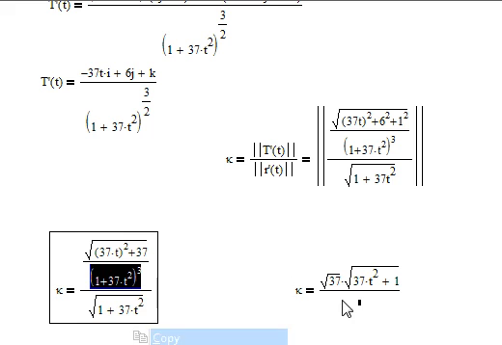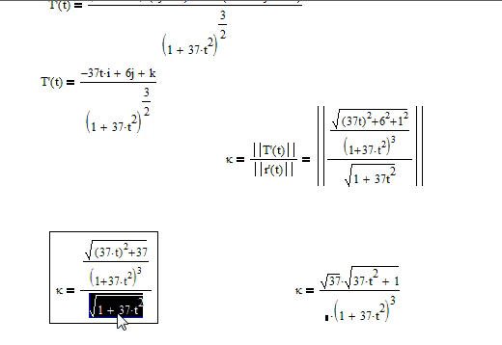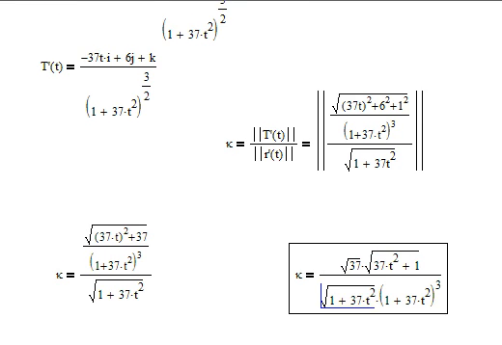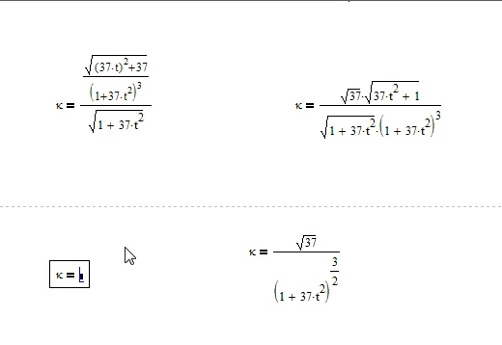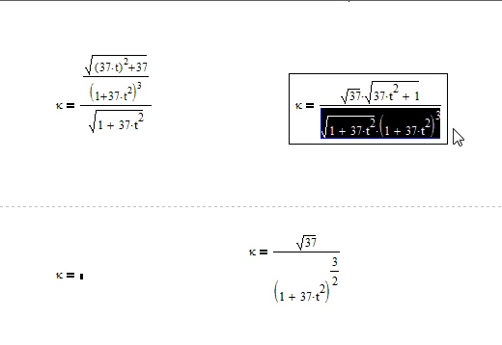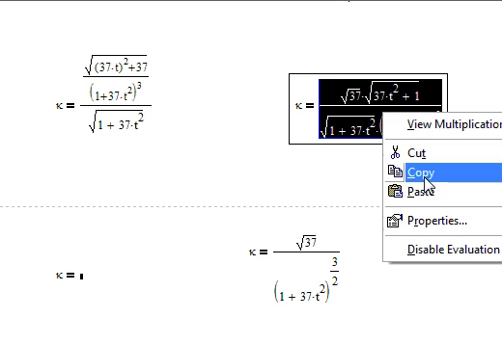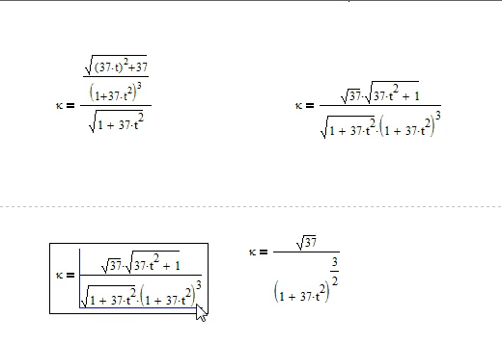So I got this, and I want to say times this. So now I think I'm cooking with gas. So let me see what else I need to fix up. This is wrong now. So if I simplify this, this denominator is 1 plus 37t squared to the 7/2. And so if I copy this, paste it in here.